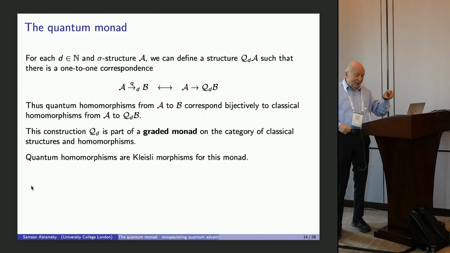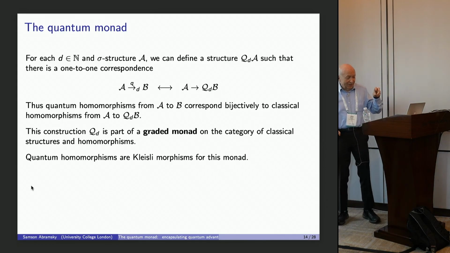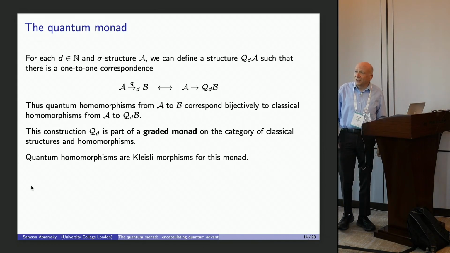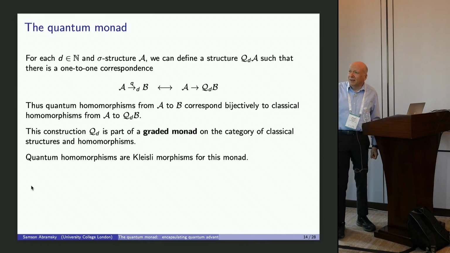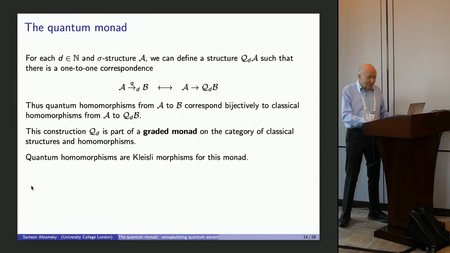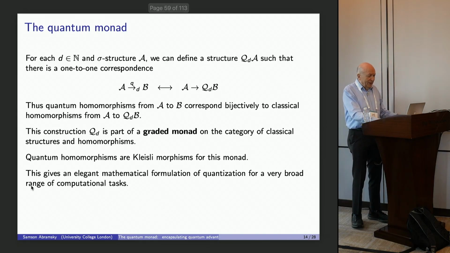So it really is allowing us to keep an accounting quite accurately of how much of the quantum resource that we're using, how many qubits we need, if you like. So quantum homomorphisms are exactly Kleisli morphisms for this monad. And this gives, I think, an elegant mathematical formulation of quantization for a very broad range of computational tasks.